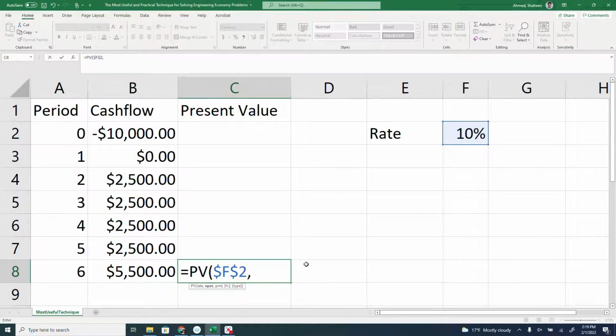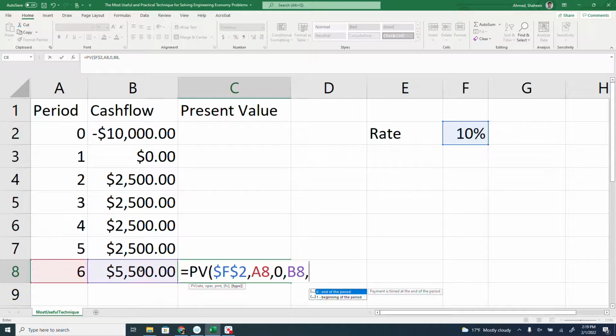And then number of periods, so after 6 periods in this case, for this $3,000 that is compounded 6 times. So this is the cash flow after 6 years, the future value after 6 years. There is no payment involved here because we are only converting that future value into the present value in today's dollars. And this is the future value.